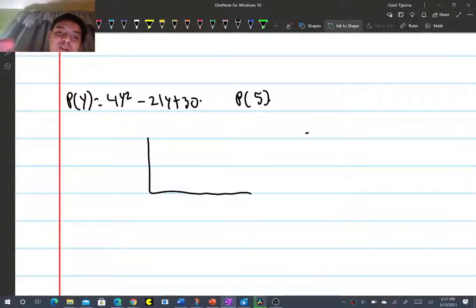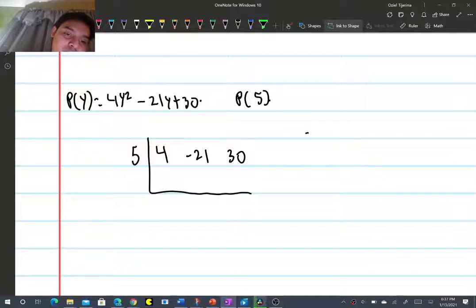Since you're doing p of 5, you put 5 right here, and you put your terms 4, -21, and 30. You bring the 4 down. 5 times 4 is 20, so you bring it right here.